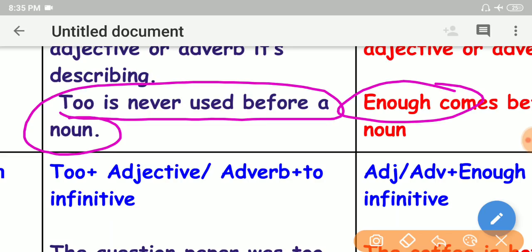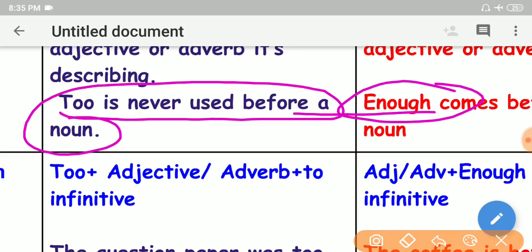But "too" can be used in patterns like "too much money was needed": in such conditions we can use "too much", "too much money". Of course, "too" is not used before nouns. Too can be used before adjectives or another adverb, my dear friends. This one we must keep in our mind.